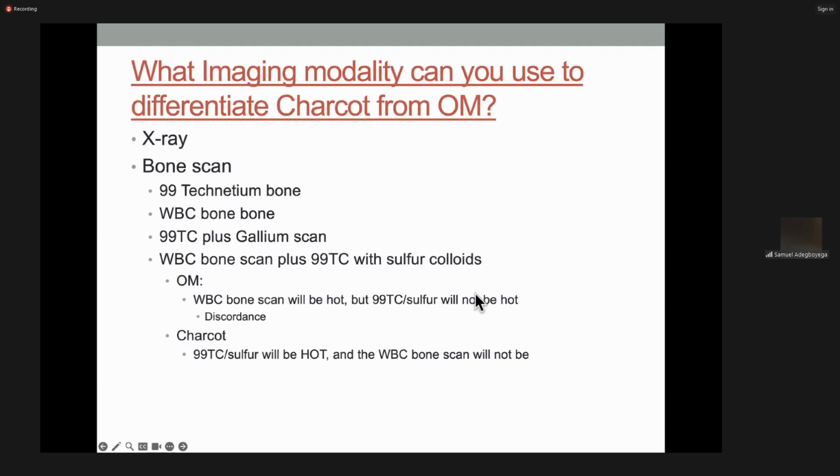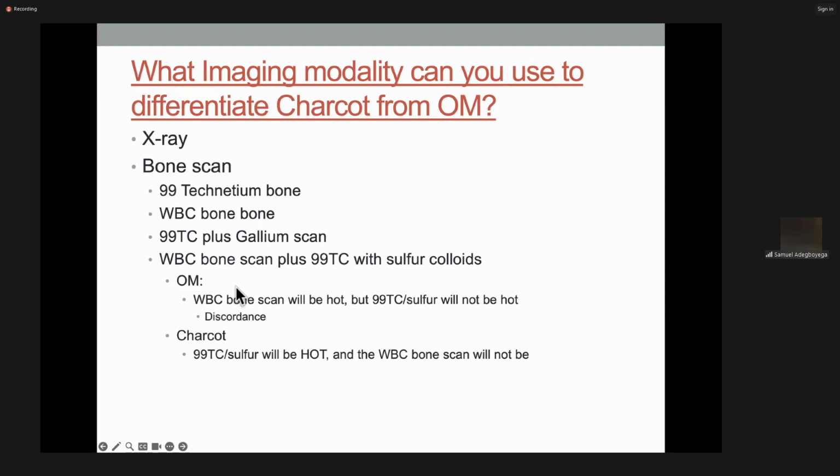Again, this is not going to be on the exam. Just FYI, there's something called a combination of the WBC bone scan and the technetium bone scan with sulfur colloid. Sulfur colloid is really used for patients who have bone problems, bone tumors and stuff like that. So when sulfur colloid is positive, you have a bone issue. If WBC is positive, you have infection.